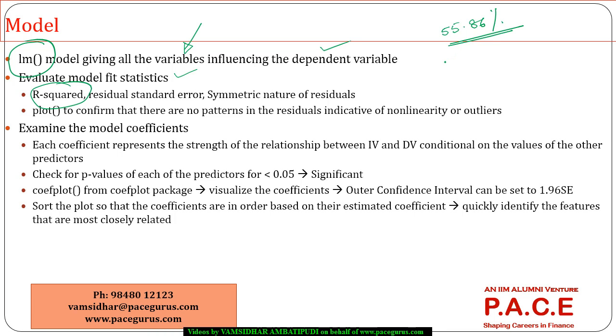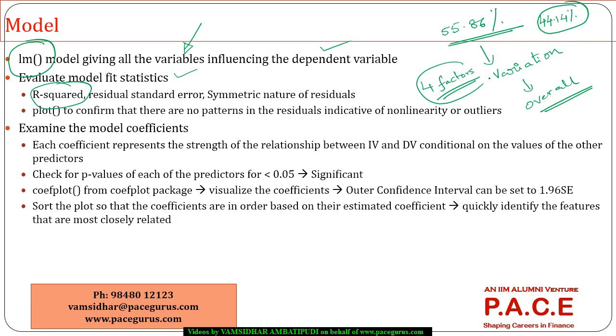So which is clearly saying 55.86 percentage of the variation that is present in the overall satisfaction is typically being explained by these 4 variables that you have considered, which means the remaining 44.14% of the variation of the overall satisfaction is not explained by these 4.